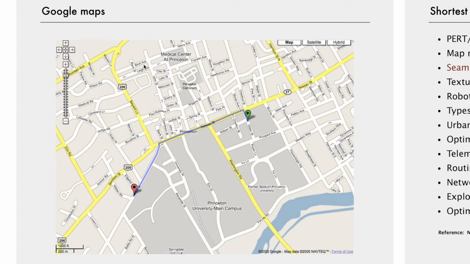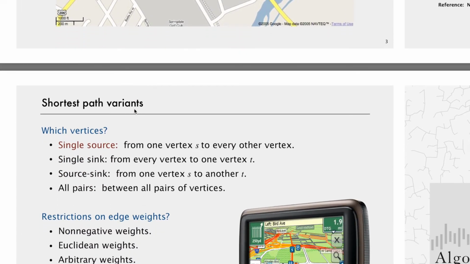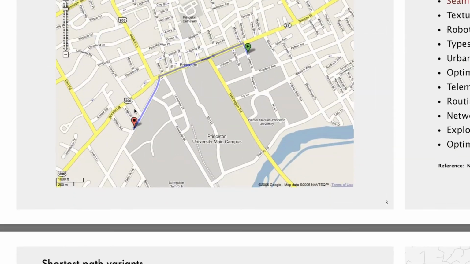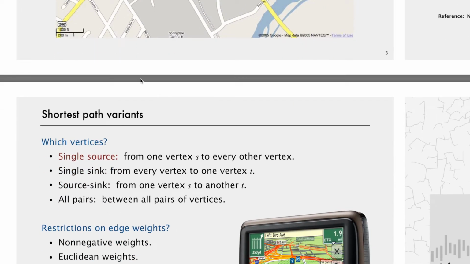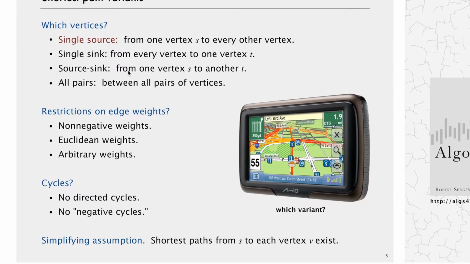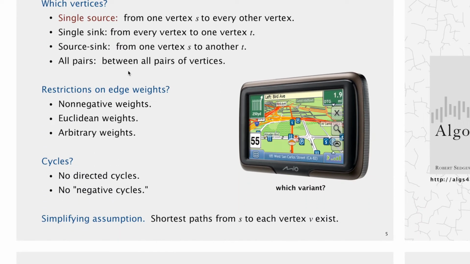Usually we think of it in terms of positive edge weights because the maps are geometric, and so the length of an edge is proportional to its distance in the plane. But actually, for many problems, they may be much more arbitrary, and one of the big issues that we'll see is whether the edge weights are positive or negative, and whether the graph has directed cycles.